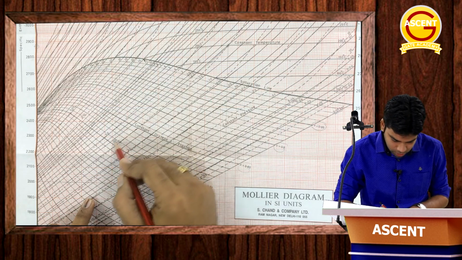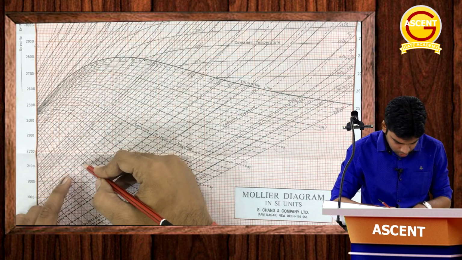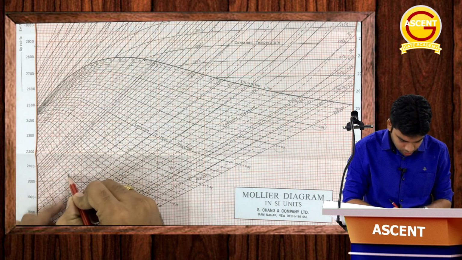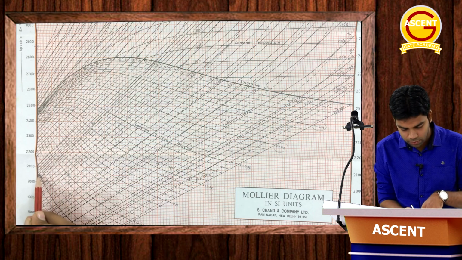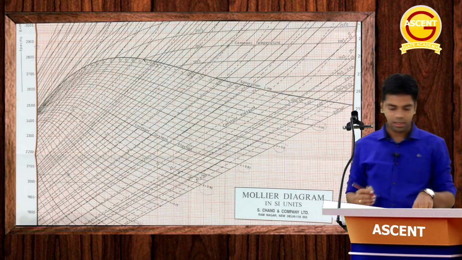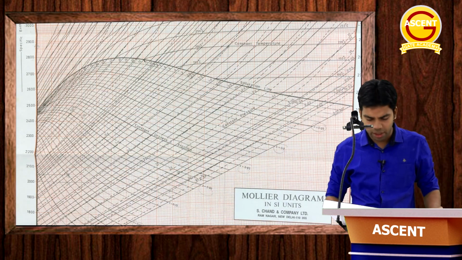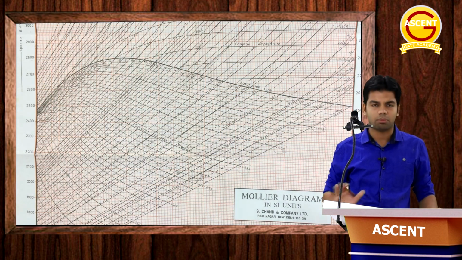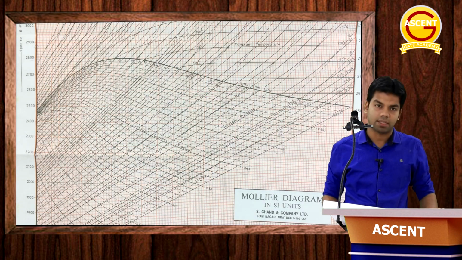You can locate the point, and once you have located it, it is not a big deal. Corresponding to this, if you project it on the y axis, you will get the specific enthalpy. If you project it on the x axis, you will get the specific entropy. So this is how you can use this Mollier diagram to determine different properties of water at different states and phases. Clear or not?